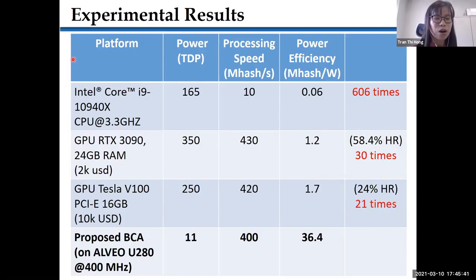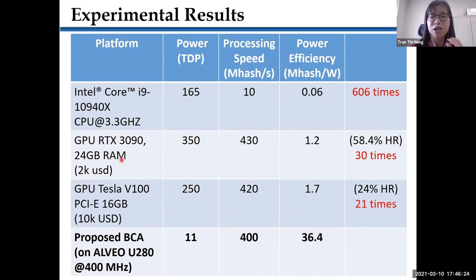But we also need to consider the power consumption and the compatibility, whether it is easy to use or not. For example, if you want faster processing speed with GPUs, you can buy a lot of GPUs and concatenate them, but then you need to pay the cost of the power consumption and the cost of buying the GPUs.